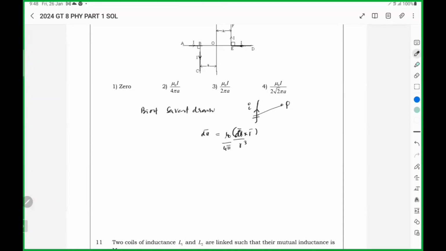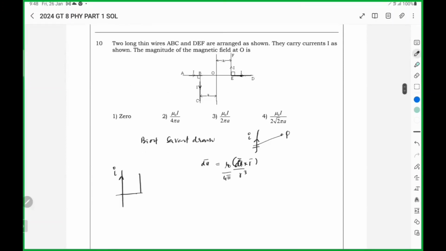Suppose here, if it is a semi-infinite wire which carries a current I, so magnetic field at point O, about a wire carrying a current I, which is at a distance, what distance?